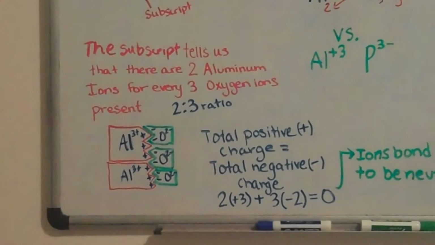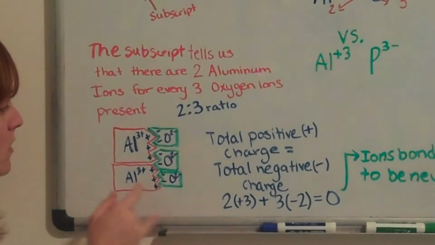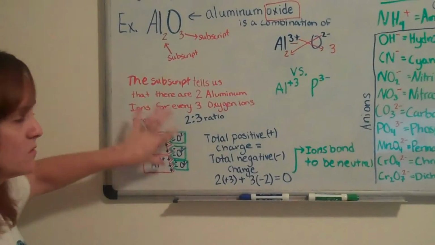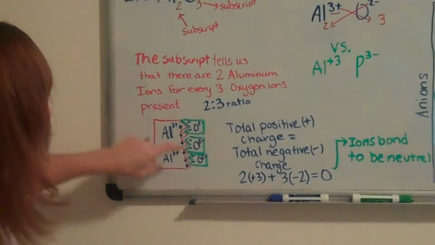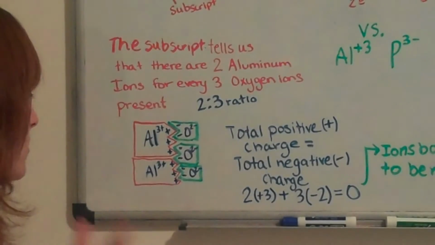The reason for this is that you need 3 oxygens to cancel out the charges for 2 aluminums. These prongs, this isn't what the ions actually look like, but the prongs represent the charges on each of these elements or ions.